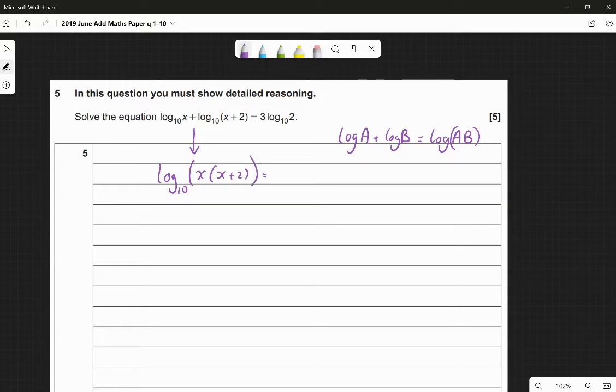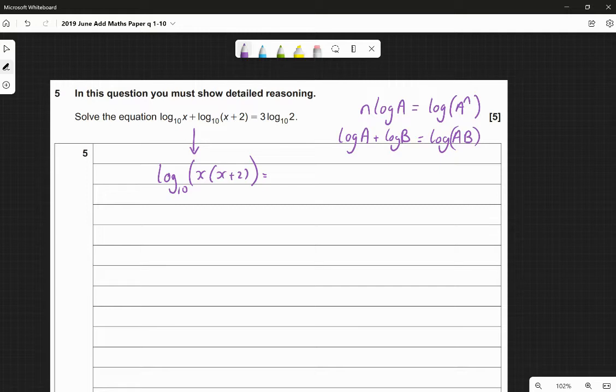Okay. The right side of that logarithm equation, 3 log base 10 of 2, well, I know that if I have n log a, this is the third logarithm law, then that can be written as log of a to the power of n.